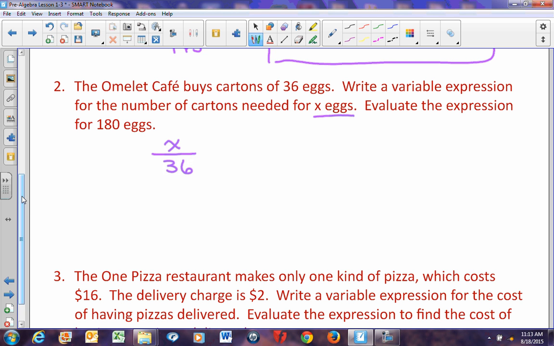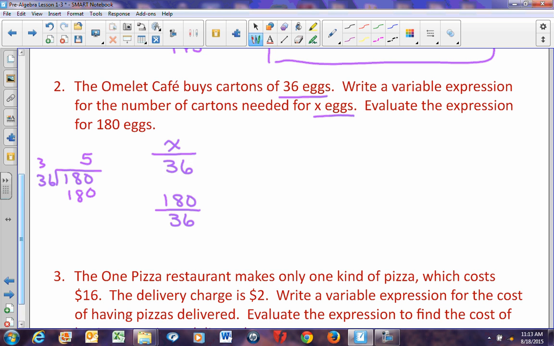And then it says evaluate the expression for 180 eggs. So if I have 180 eggs, because they buy them in quantities of 36, if they need 180 eggs, how many cartons is that? So 180 divided by 36 is going to give me how many cartons that is. So if I take 180 and I divide by 36, let's see, 36 goes into 180 five times, 5 times 6 is 30.